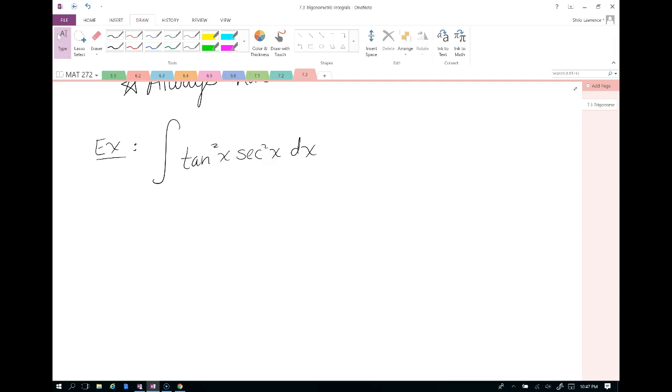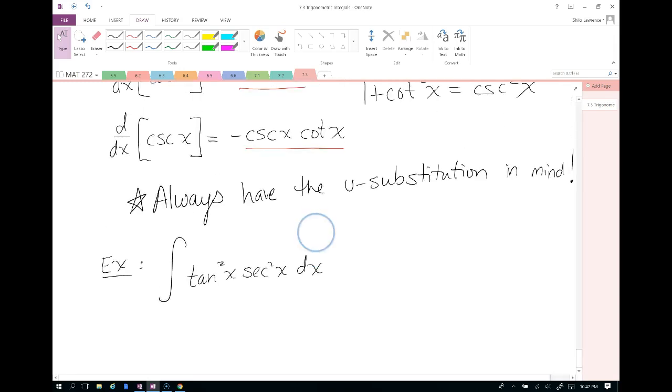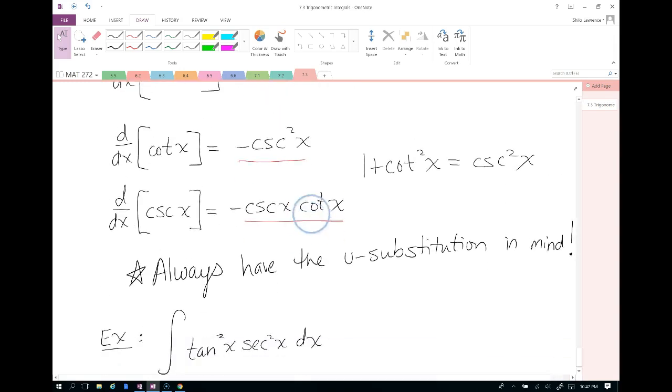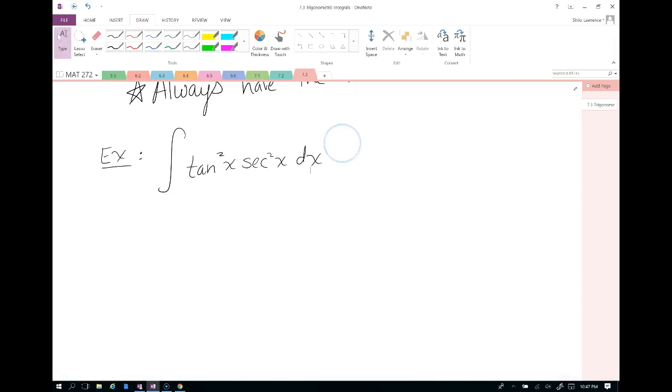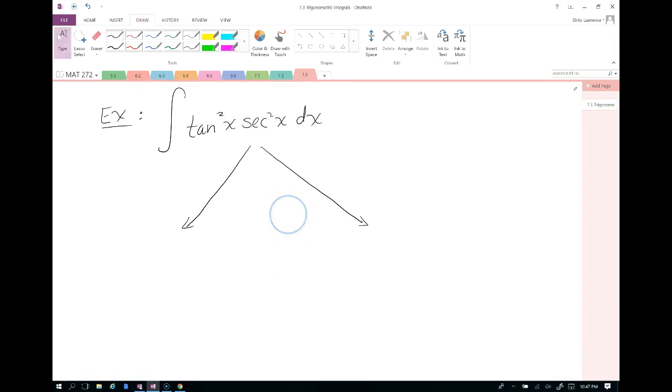If I were to do a u substitution and pull my du back in, remember when you take the derivative of a trig function, it is always another trig function. So we want to think about which possible u substitution we could do and have the du in there ready to cancel out.